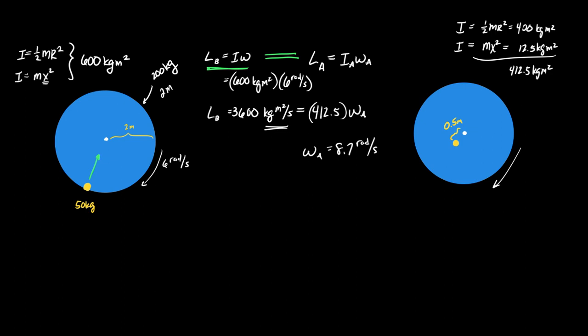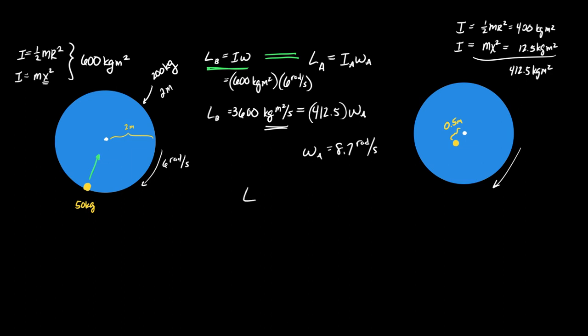If an object is experiencing no external torque, then its angular momentum stays the same.